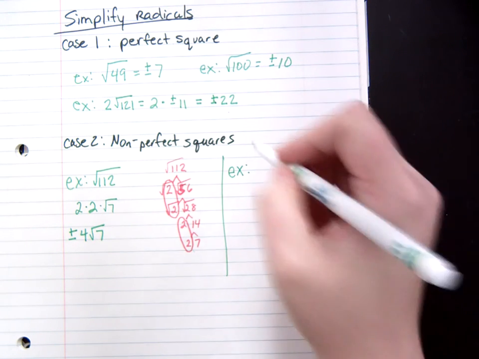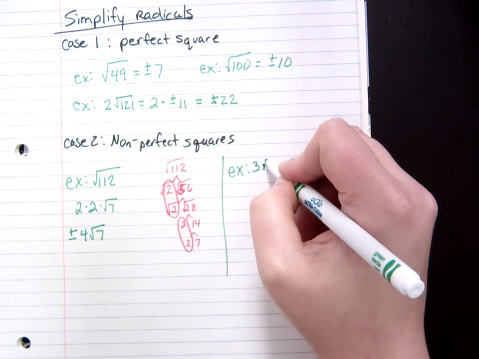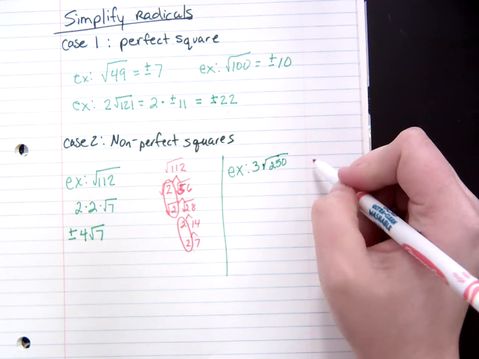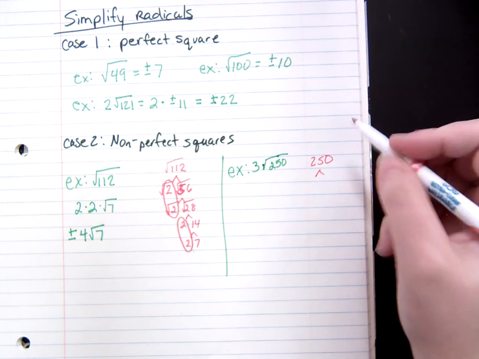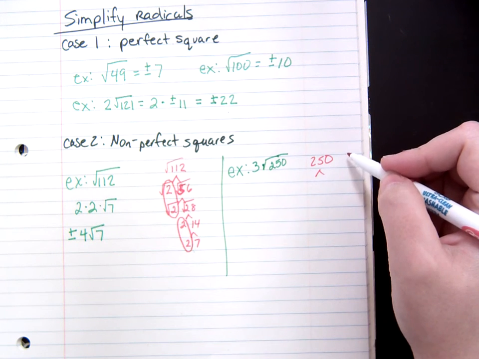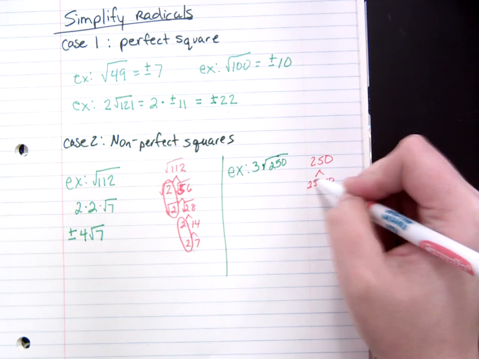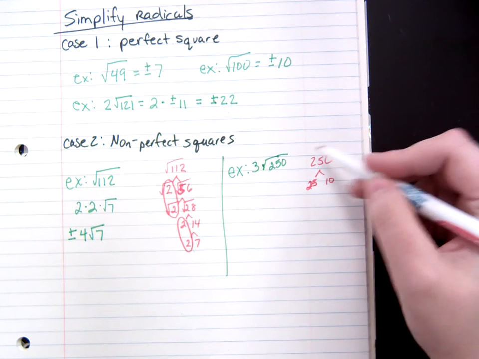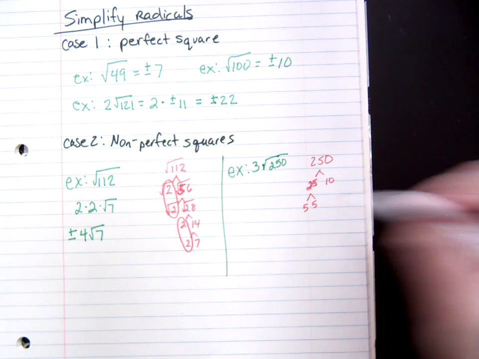Let's say we have 3 square root of 250. Again, 250 is not a perfect square. I'm going to break it down. You can go by the smallest, which is what I'll do here, or maybe, okay, 250, that's 25 times 10. You can do it that way too. And this way, if you can figure out the biggest perfect square that divides into the number, it actually makes it a little bit easier, because square root of 25 is 5.